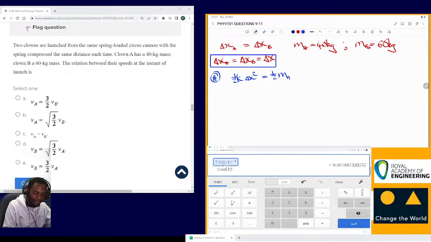So I have mA and the speed vA squared. Then for B, we're going to have half k delta x squared equal to half mB vB squared.